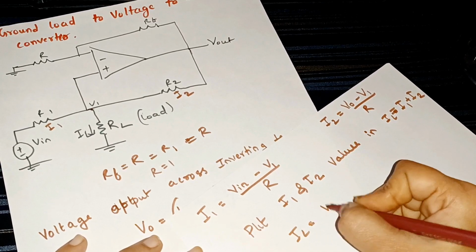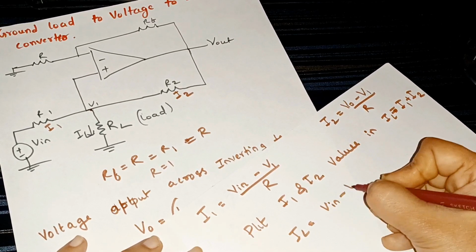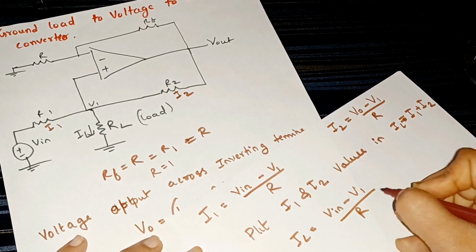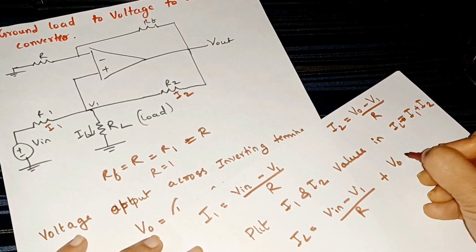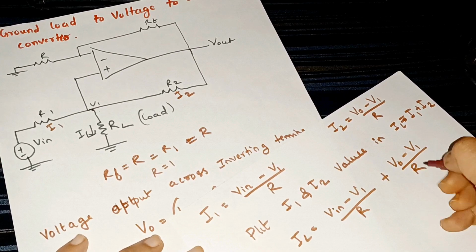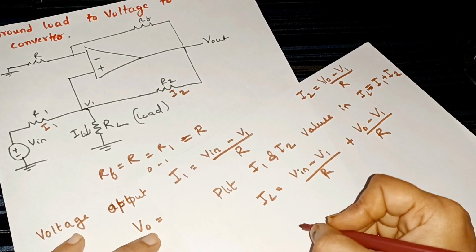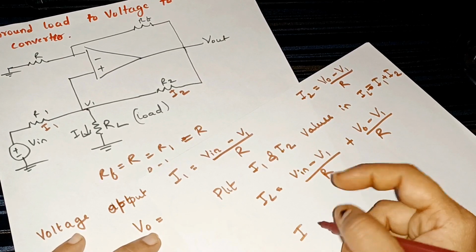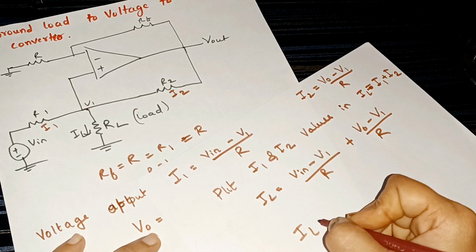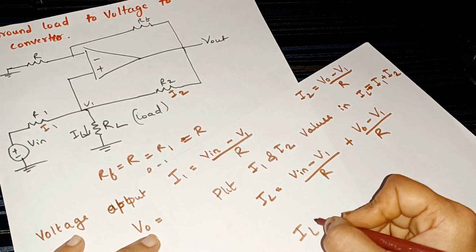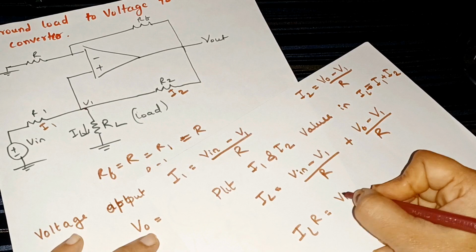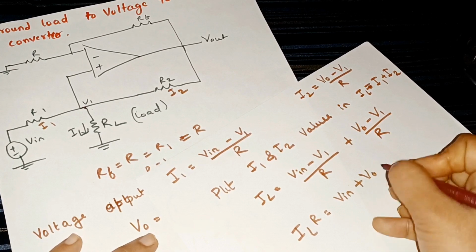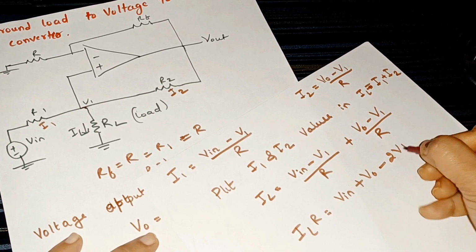We get IL equals Vin minus V1 divided by R plus V0 minus V1 divided by R. So IL times R equals Vin plus V0 minus 2V1.